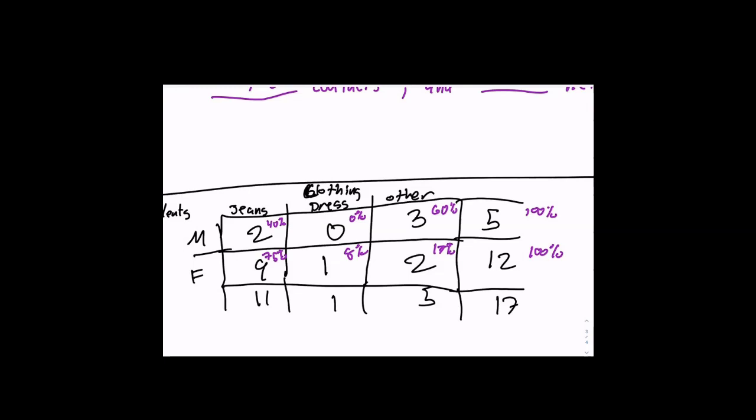If I had asked you, what is the marginal distribution of clothing for males? We would say it's going to be 40% jeans, 0% dress, 60% other, if it was relative frequency. We know it's rows because the row percentages add up to 100%.